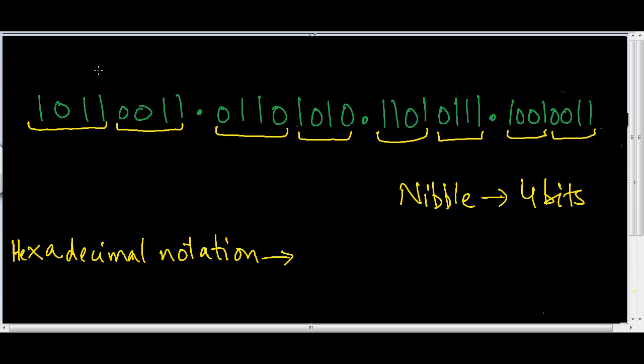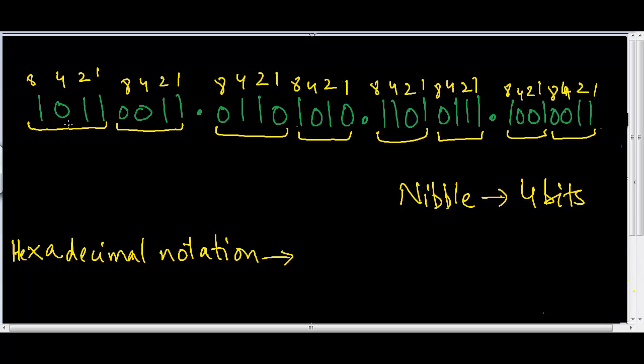Okay, and 1 2 4 8 1 2 4 8, so this is equal to 11, and 11 is basically equal to B in hexadecimal. This equals 3, right? This equals 6, this equals 10, and 10 is basically A in hexadecimal.